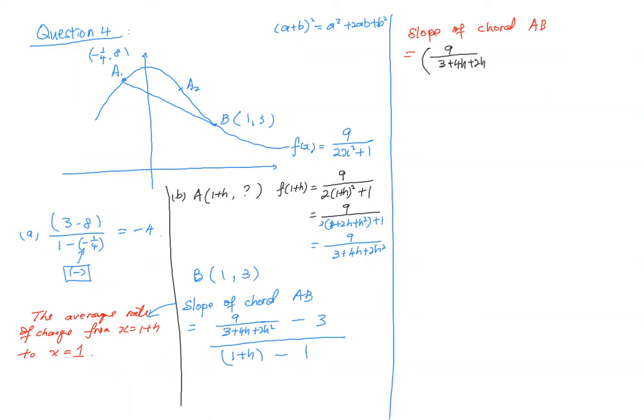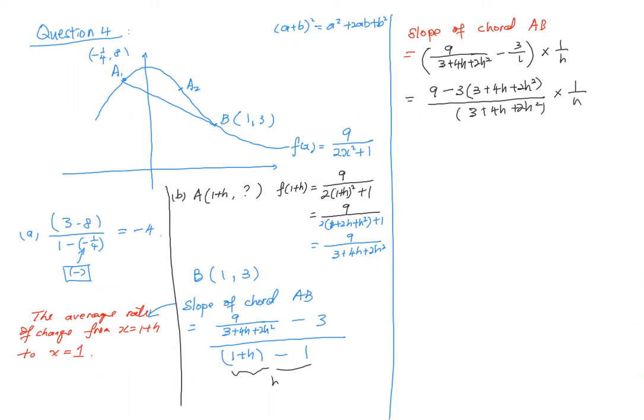You see 5 marks is given for this: take away 3 over 1, times 1 over h. So now you cross multiply, 9, take away. As long as it's a minus, please put in the bracket. Down here, just copy down, times 1 over h.